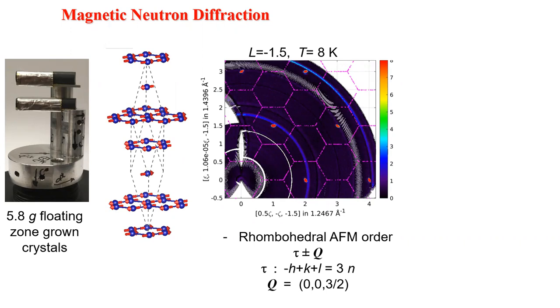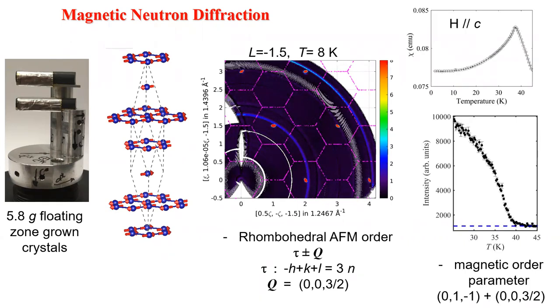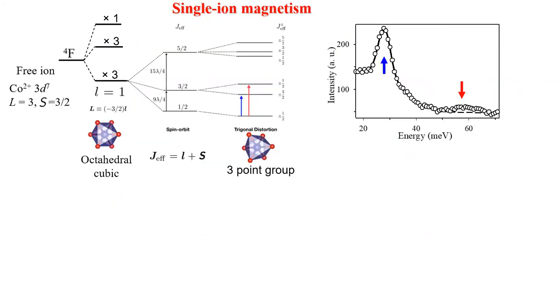So these red spots correspond to magnetic Bragg peaks, and the fact that they occur every 3 Brillouin zones is associated with this 3-layer stack. And the order parameter indicates a continuous transition at the same temperature as the powder, and also where susceptibility has an anomaly, and where other people have also seen anomalies. So we're confident about the high quality of the single crystals.